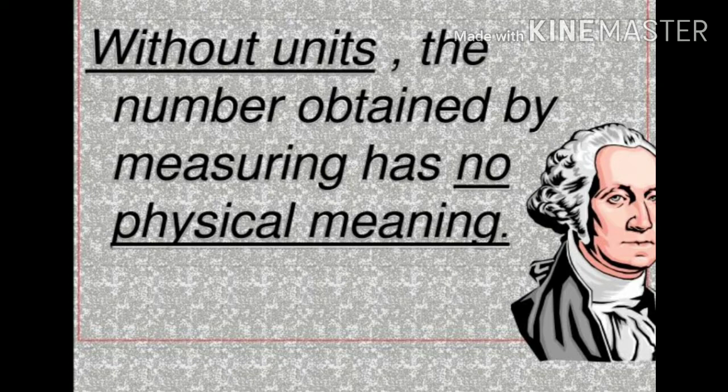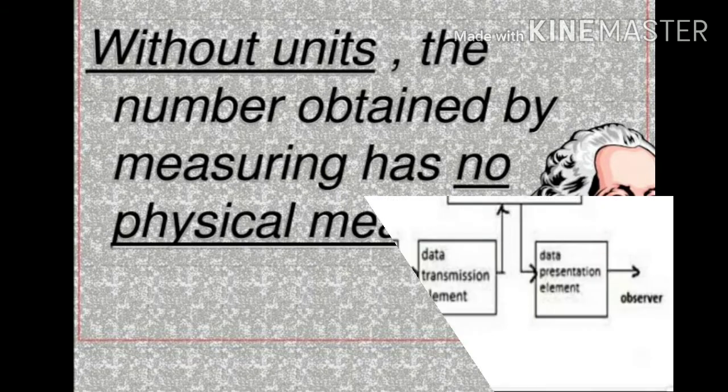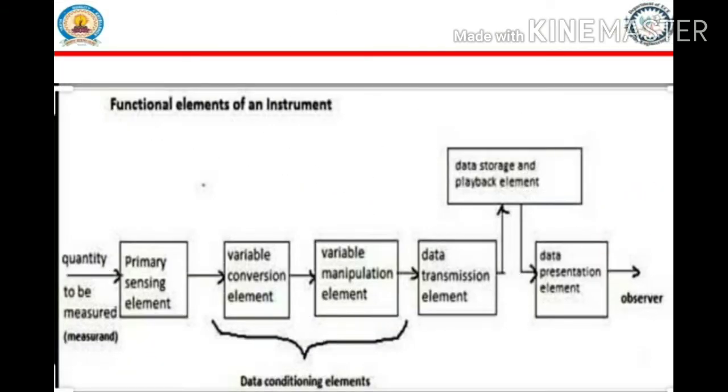So the standard physical quantities which we are using to represent the physical quantity under measurement is called the units, the measurement units. Without the units, the number obtained by measuring has no physical meaning. It means every measurement process is expressed in terms of these units.